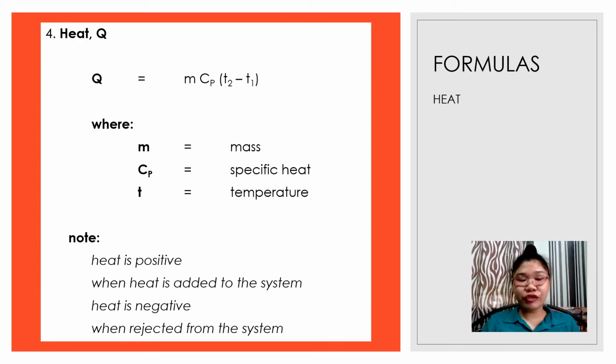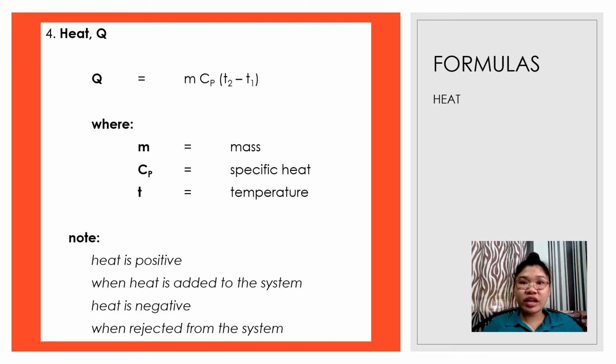So last, for the energy, we have here the heat or Q. The formula for heat is m Cp delta T, wherein delta T is the change in temperature, m is mass again, and Cp is the specific heat.